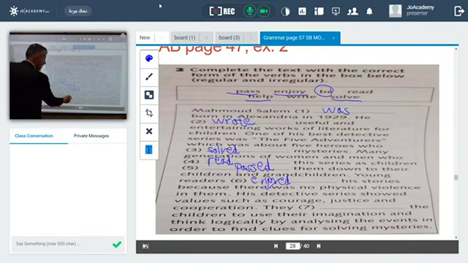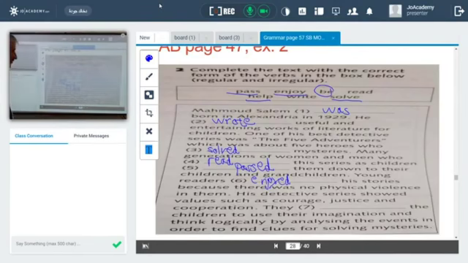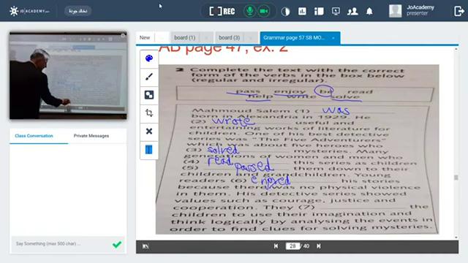They blank the children to use their imagination. And what's the meaning of imagination? Imagination, تخيل. Imagination means تخيل. Imagination and think logically. Logically بمنطق, أن يفكر بمنطق. Logically by analyzing the events in order to find clues for solving mysteries. Here we have only help.